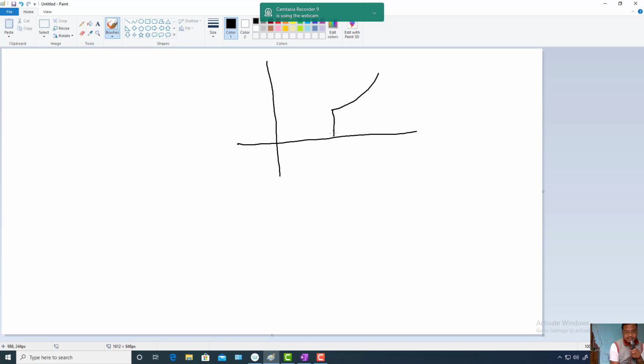This is the y-axis, this is the x-axis. This is the point a. At the point a, the value of the function is this much. This is f of a.